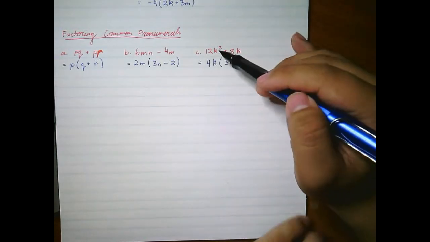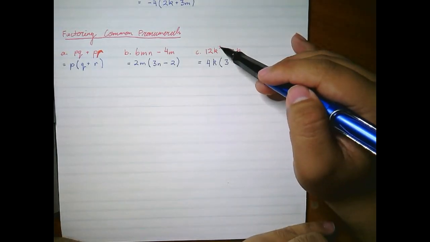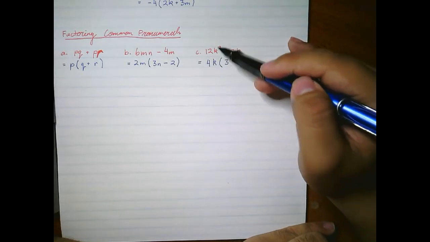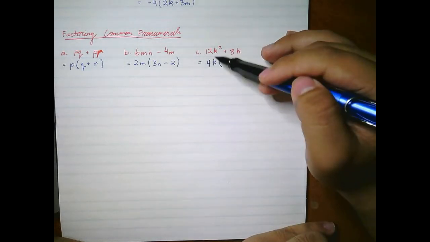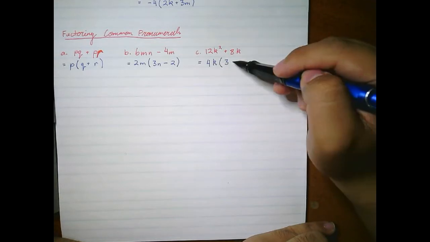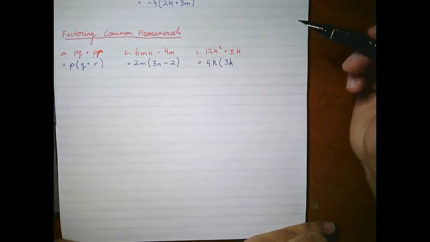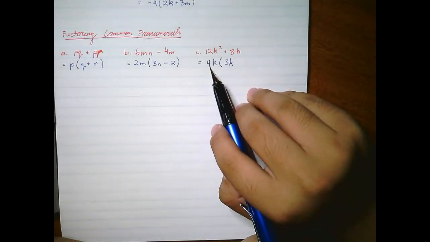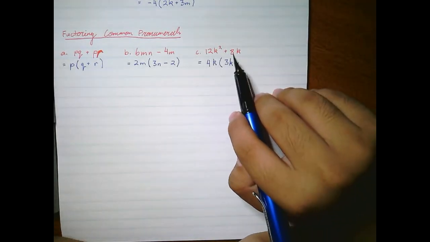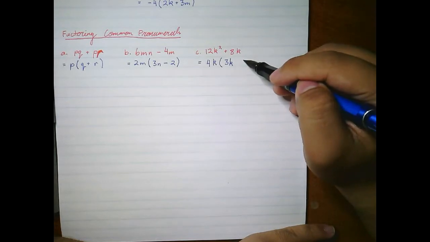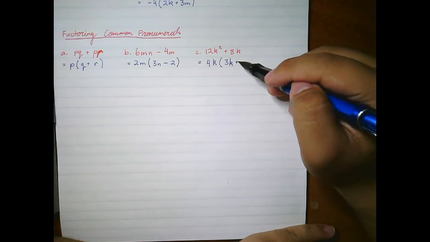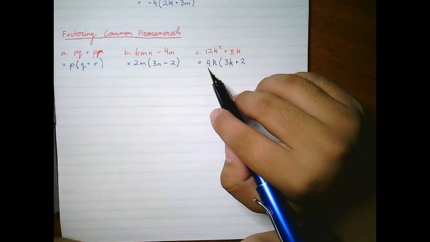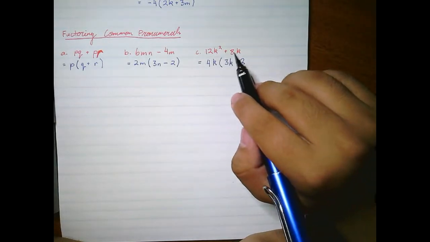Now take a look. This is k squared, which means there are 2 k's there. Well, if there's 2 there, there's only 1 here. I need 1 more, don't I? Alright. So 4 times what gets me 8? Well, it's going to be a plus 2, because 4 times positive 2 is positive 8.